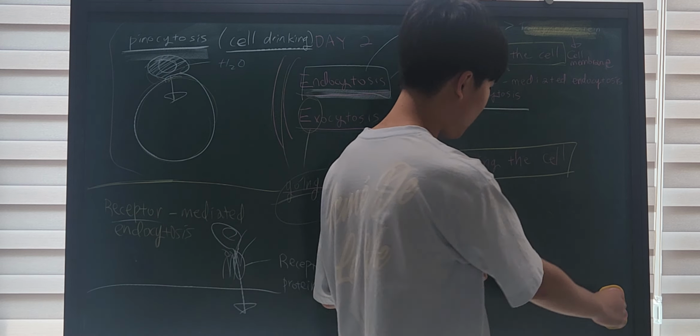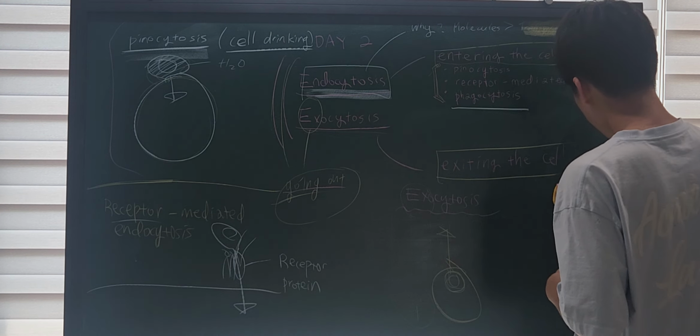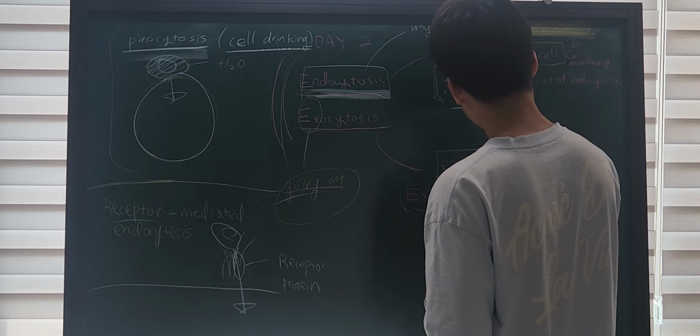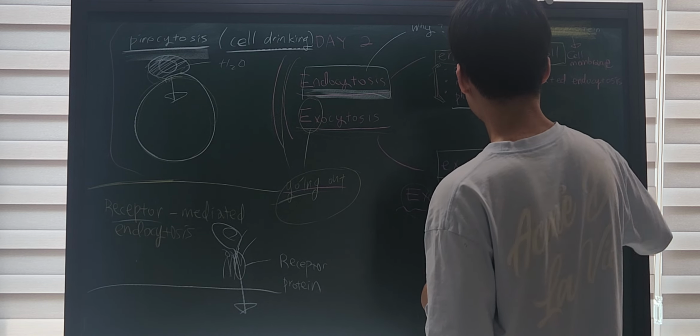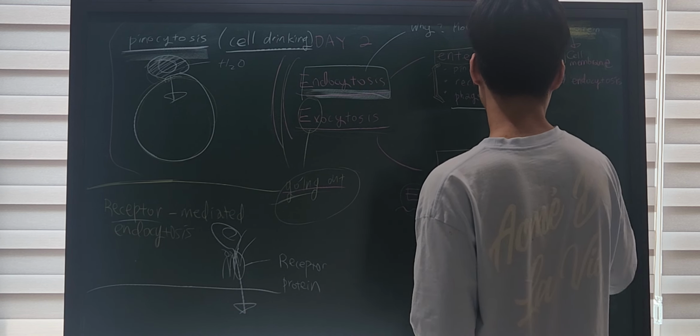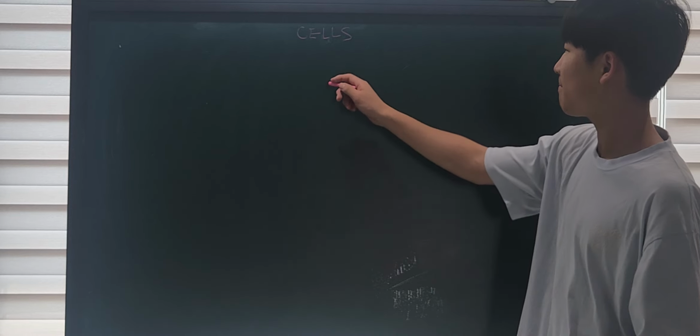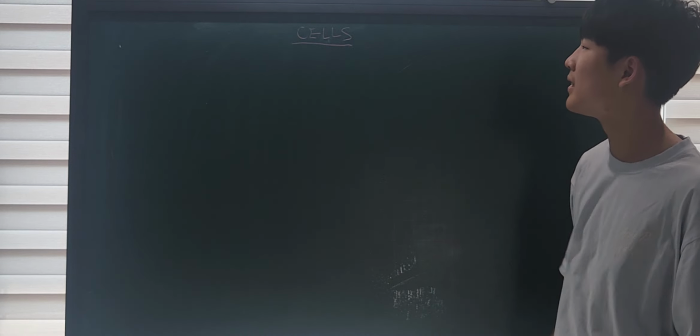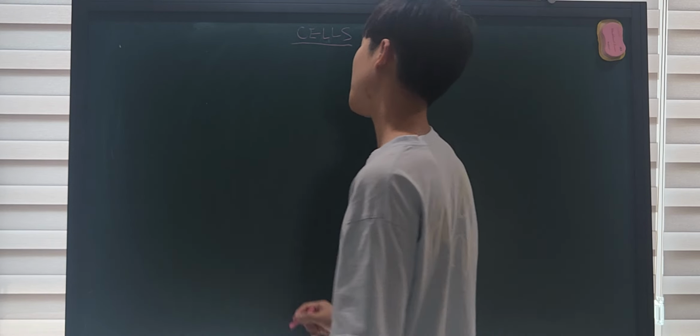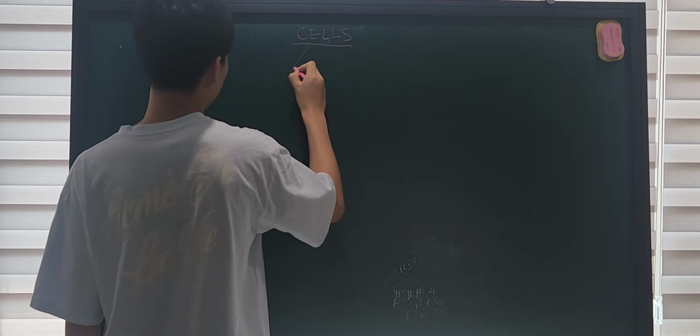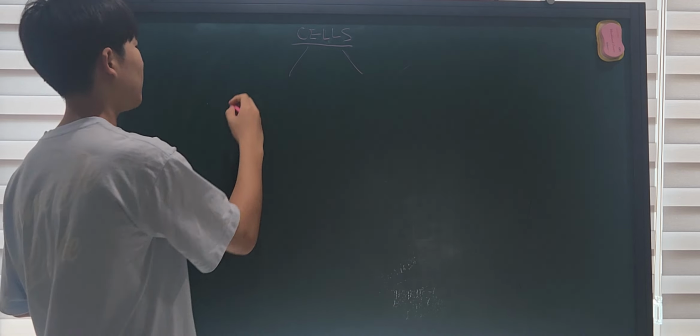And we're going to start a new kind of concept. It's time to learn about cells. Let's start with some basic information about cells. There are two types of cells we usually classify.